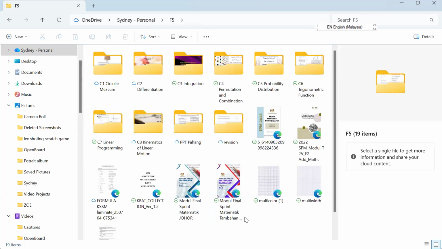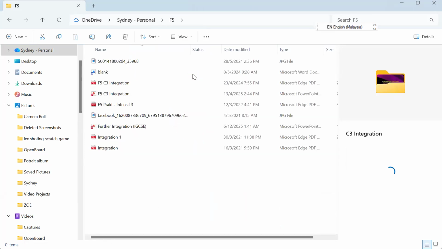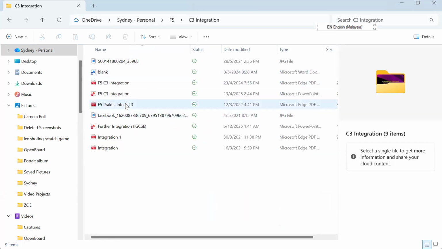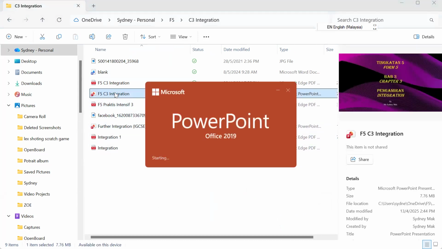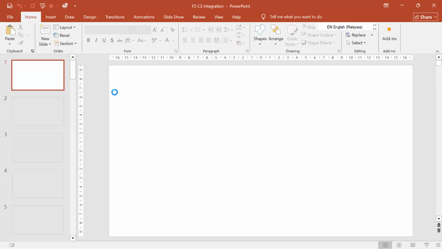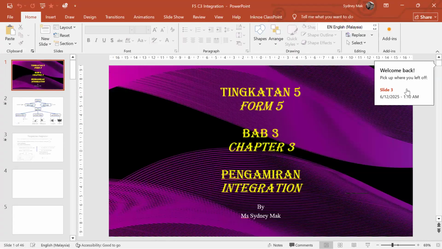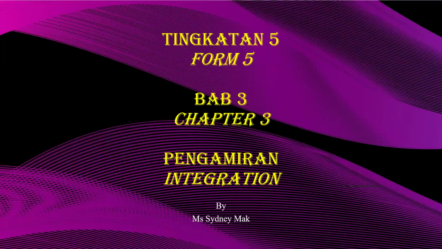It's my computer suddenly slowed down. Okay, so let's go to integration. Integration is very short. Unlike differentiation, we have 4 application. Integration, we have 3 application only.